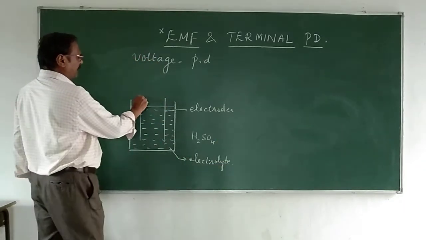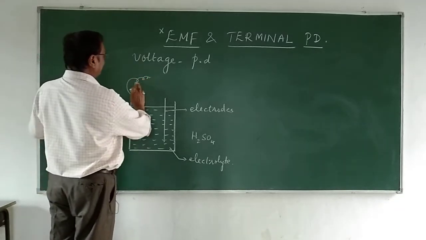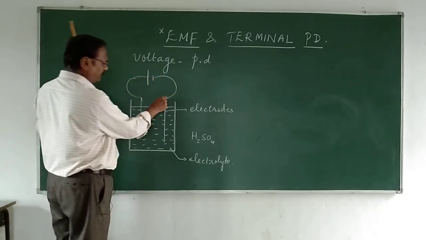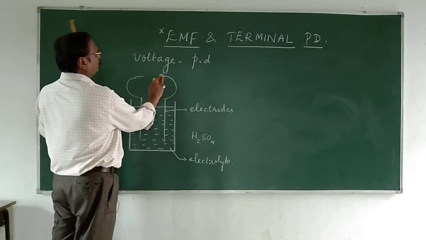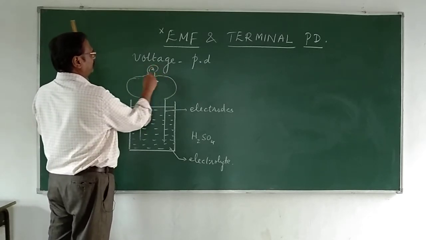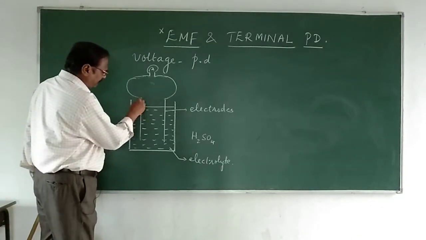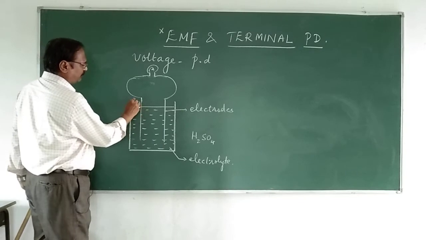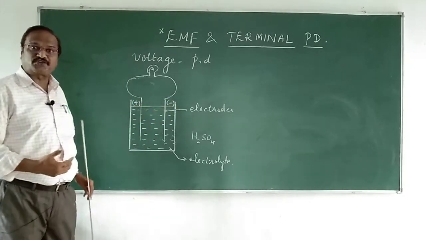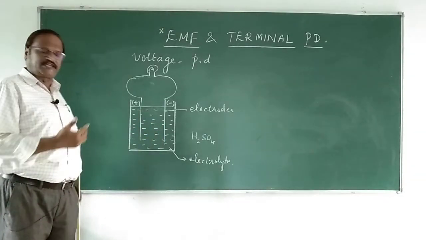Now, what actually happens is, when we connect this cell to, let us say, a bulb, one terminal will become positive and another terminal will become negative because of a redox reaction, reduction and oxidation.